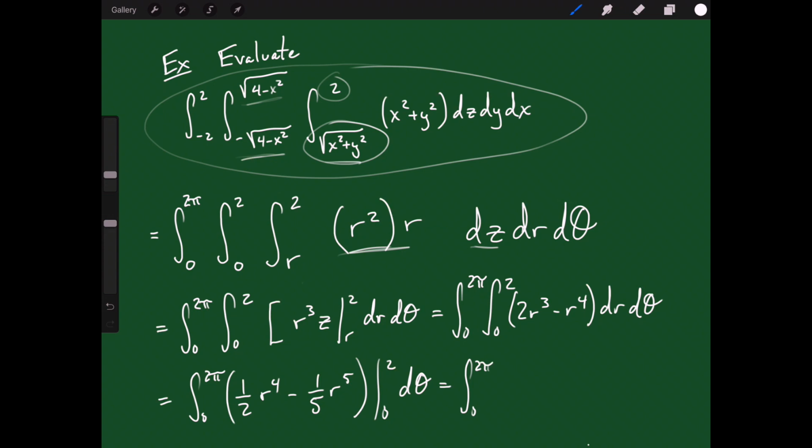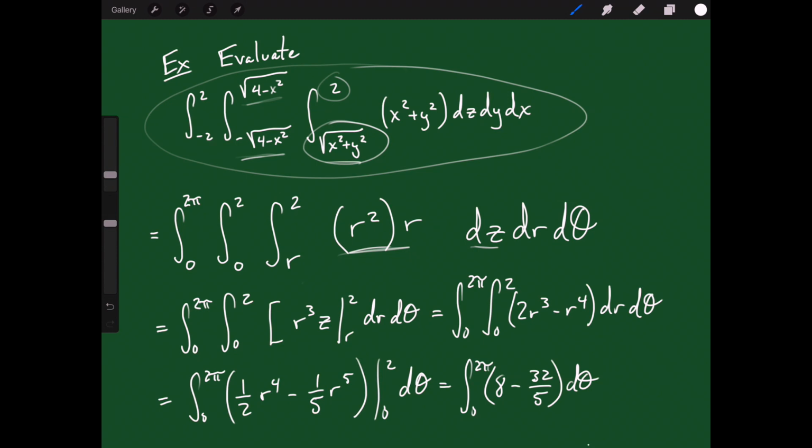If I plug in 2, I get 2 to the 4th, which is 16 divided by 2 is 8. And then if I plug in 2 for r to the 5th, that would be 32 divided by 5, so minus 32 fifths d theta.